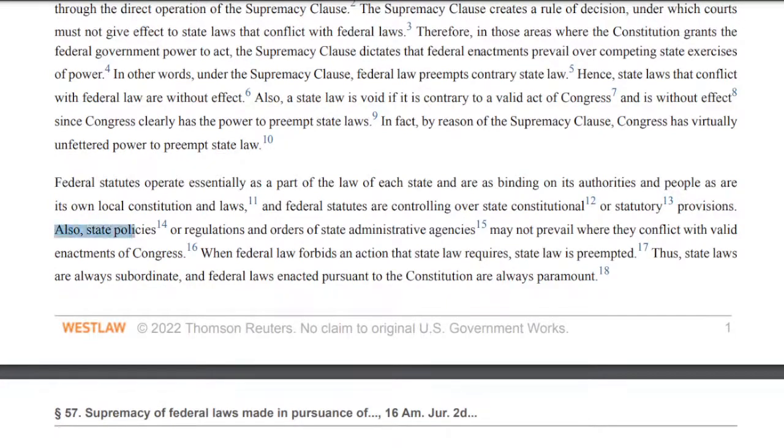Also, state policies or regulations and orders of state administrative agencies may not prevail where they conflict with valid enactments of Congress. When federal law forbids an action that state law requires, state law is preempted. Thus, state laws are always subordinate, and federal laws enacted pursuant to the Constitution are always paramount.